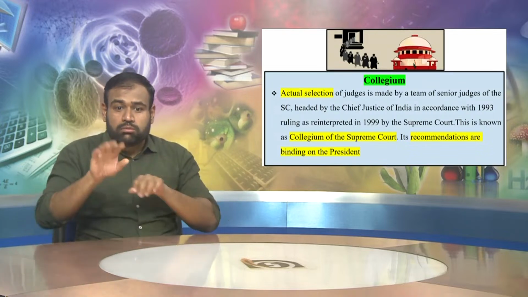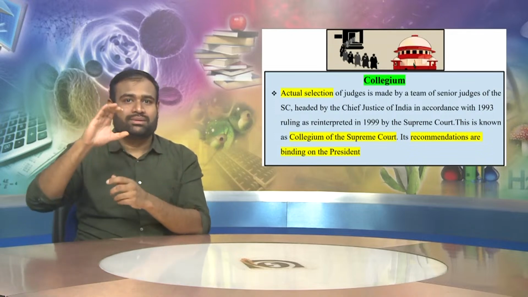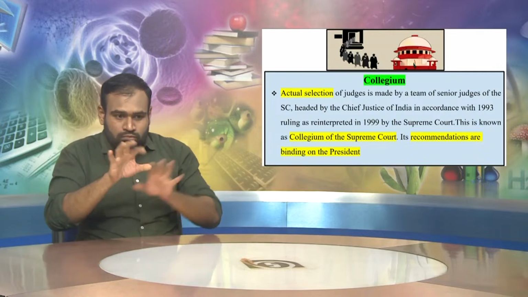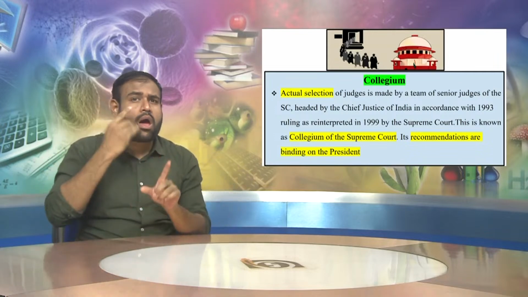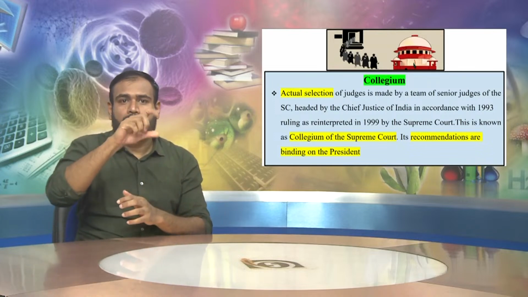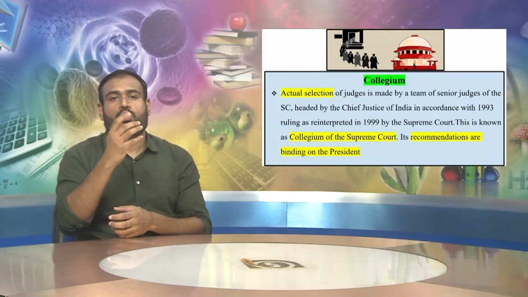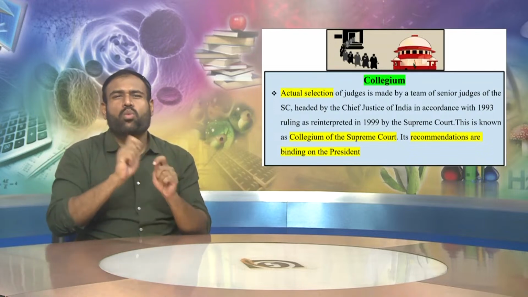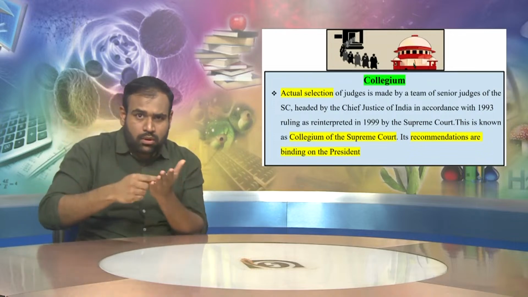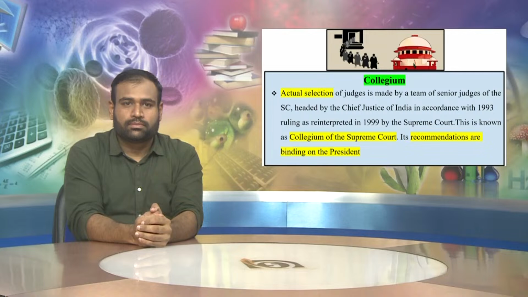Actual selection of judges is made by a team of senior judges of the Supreme Court, headed by the Chief Justice of India, in accordance with the 1993 ruling as reinterpreted in 1999 by the Supreme Court. This is known as the Collegium of the Supreme Court.